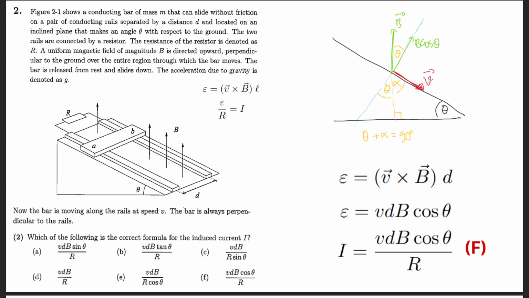So the direction of v is along the inclined plane, and the B component has to be perpendicular to v, that is the direction of the inclined plane.